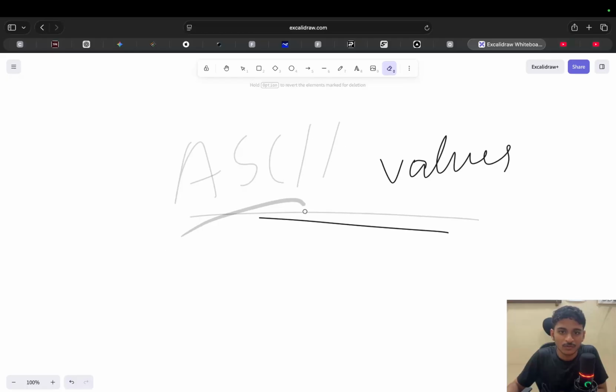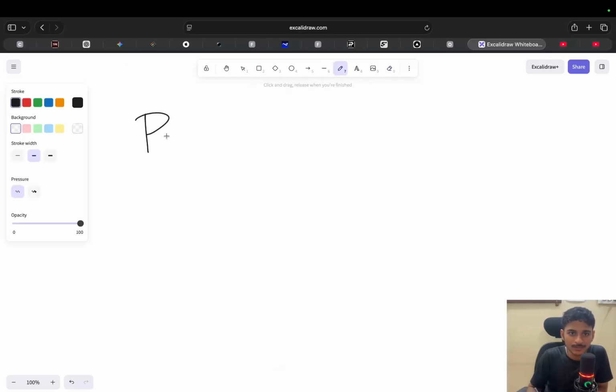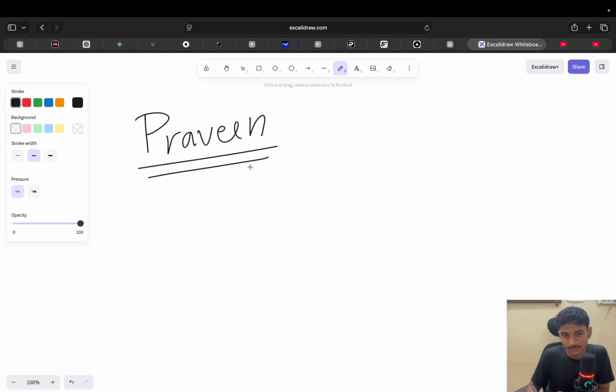So now we know how the computer saves data in the form of text, right? So let us see, for example, my name Praveen, my name is Praveen, by the way. If the computer needs to save this, it wouldn't save this as Praveen, right?